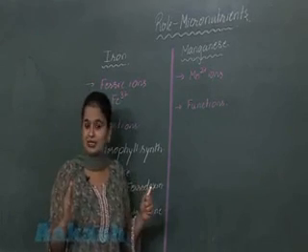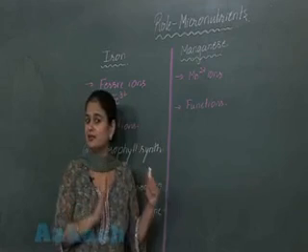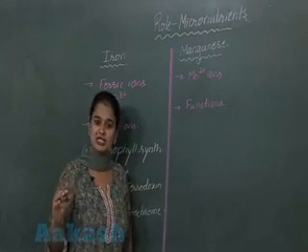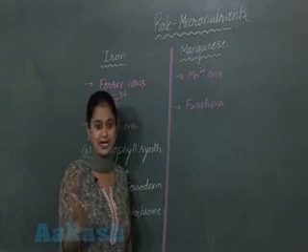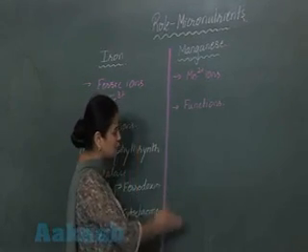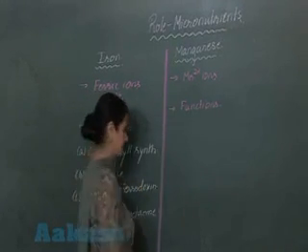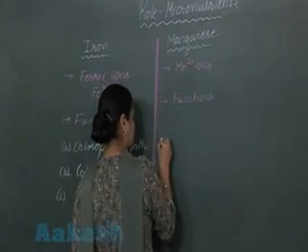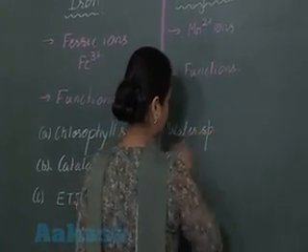So you know that in photosynthesis there are two phases, the light phase and the dark phase. Light phase के अंदर water का breakdown होगा in the presence of light, that is photolysis of water, and in the photolysis of water there is involvement of manganese. So one function is involvement in the water splitting step of photosynthesis.